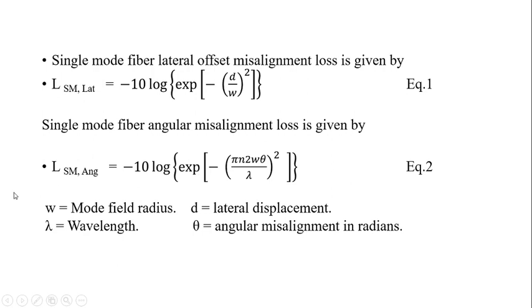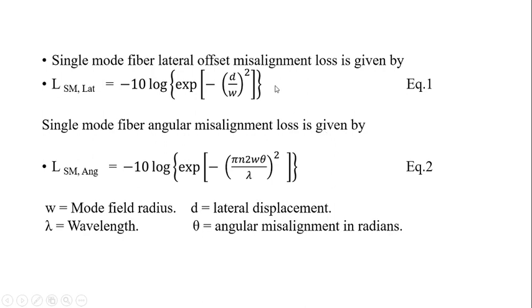The loss is given by: loss single mode angular is equal to minus 10 log of exponential minus pi n2 w theta divided by lambda whole square, where n2 is the refractive index of cladding, w is mode field radius, theta is angular misalignment in radians, and lambda is nothing but wavelength. So these two formulas we need to remember for solving the problems.